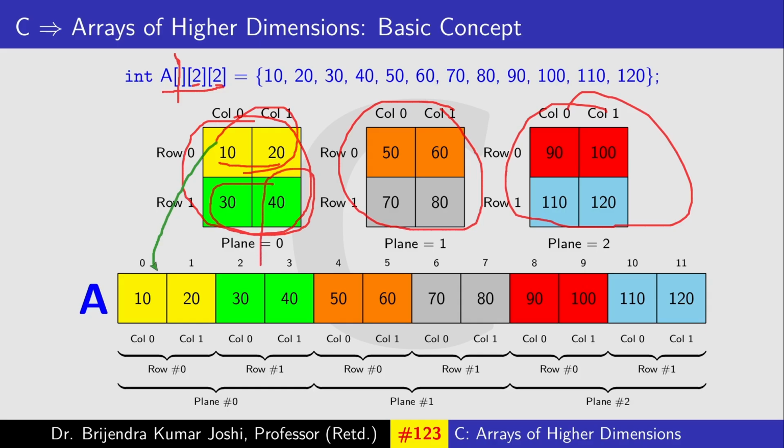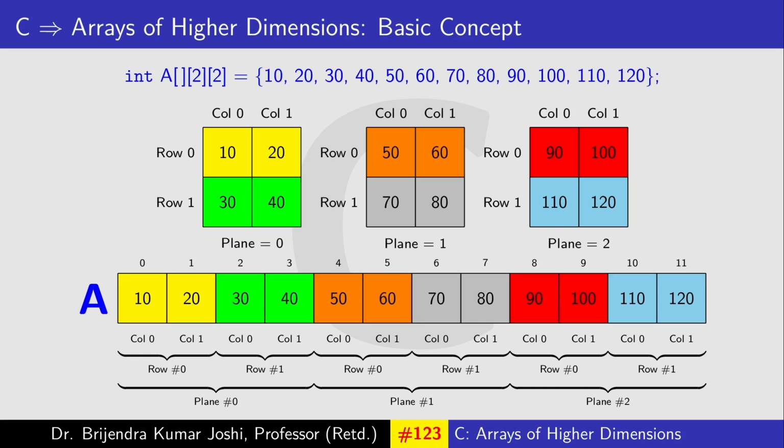Similarly, let me clean it. Plane equal to 1 goes next. Like this, first row, then followed by second row, so the second row comes here. And similarly, the last plane. So the first element in linear memory will be nothing but plane number 0, row number 0 and column number 0.